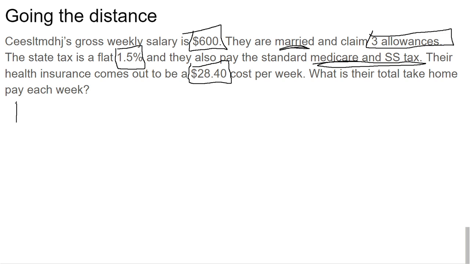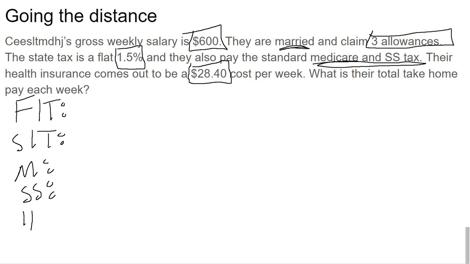We have the federal tax, FIT. We have state, which is SIT. We have Medicare, M. We have Social Security, SS. And then we have health insurance, H. That's about it. Let's figure these out one by one.